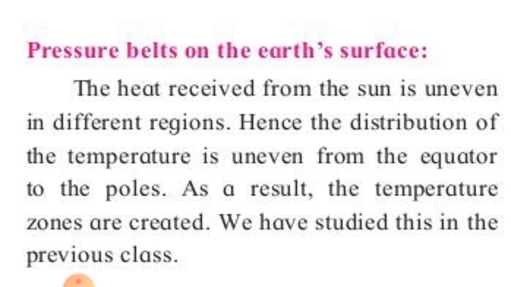The heat we receive from the sun is not even, it means it is not equal in different regions. So the distribution of temperature is uneven from the equator to the poles, and as a result the temperature zones are created.